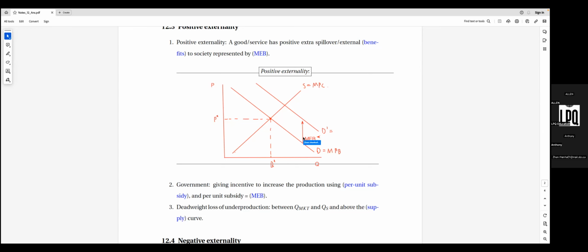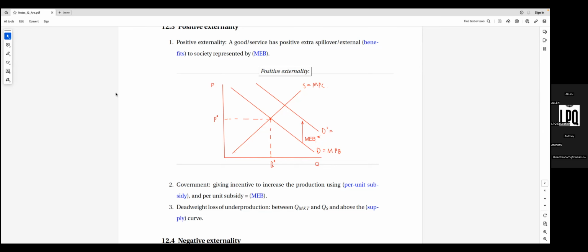By your measurement, you think maybe MEB is this much, representing the vertical distance between two demand curves. Then you shift your demand curve to the right, and you make sure the vertical distance between the two demand curves equals MEB.